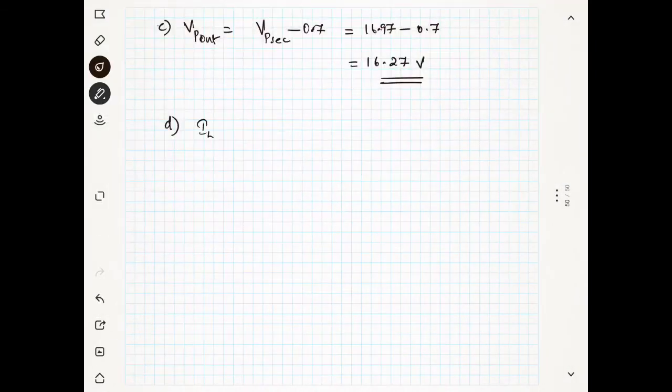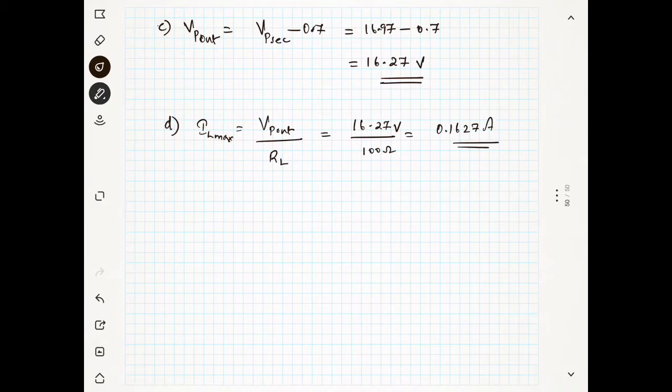IL maximum is Vp out, the maximum voltage across RL, divided by RL, which is 16.27 divided by 100 ohms. That means you will get 0.1627 ampere, or 162.7 milliampere.